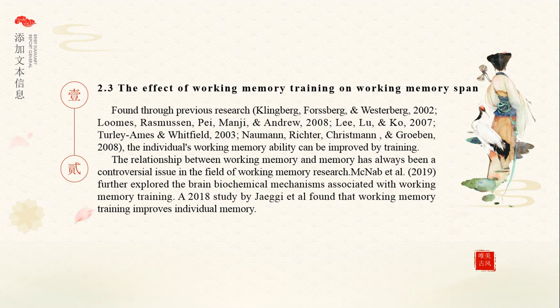And 2.3 is the effect of working memory training on working memory span. Found through previous research, the individual's working memory ability can be improved by training. The relationship between working memory and memory has always been a controversial issue in the field of working memory research.